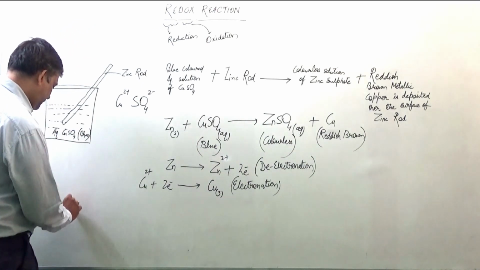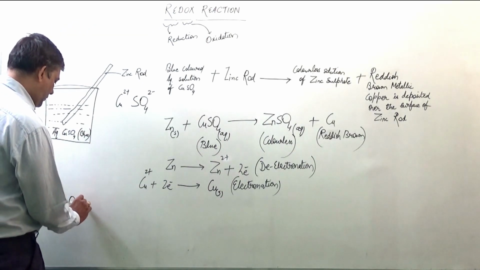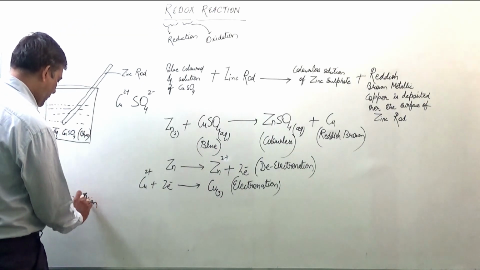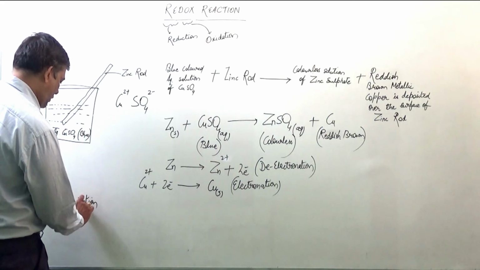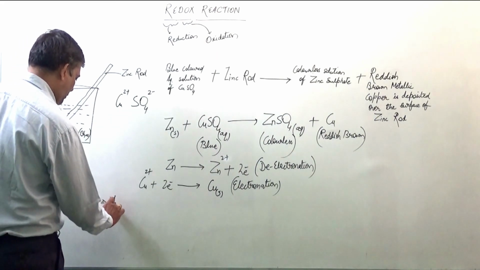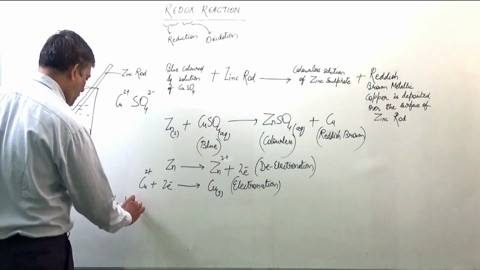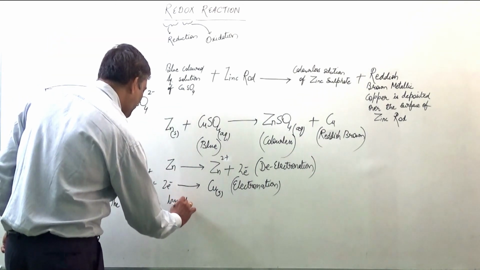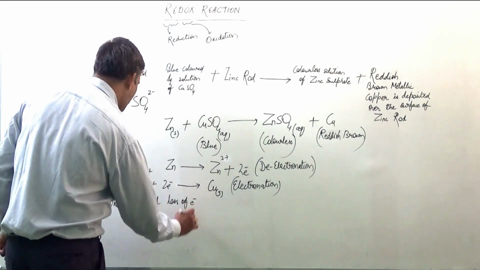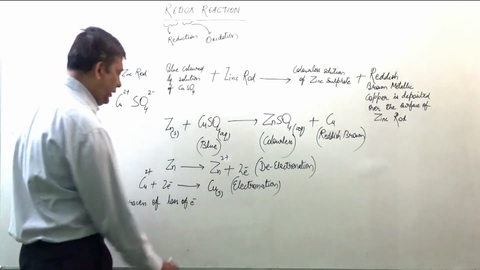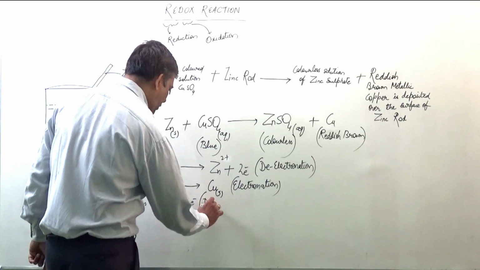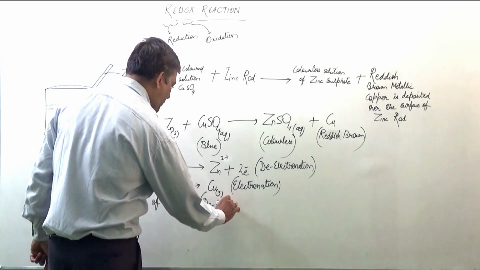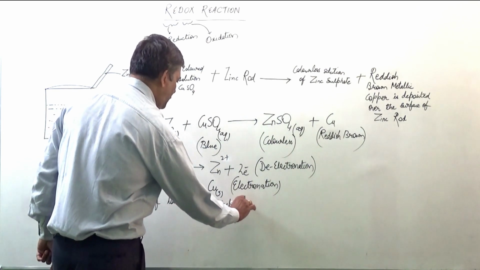We will write here: oxidation is a process of loss of electrons. The process of de-electronation is called oxidation.